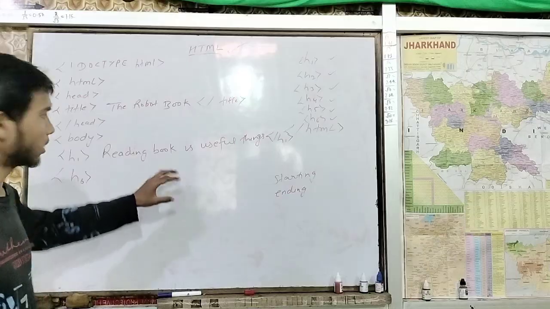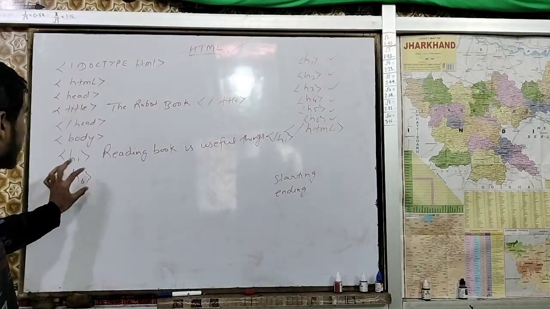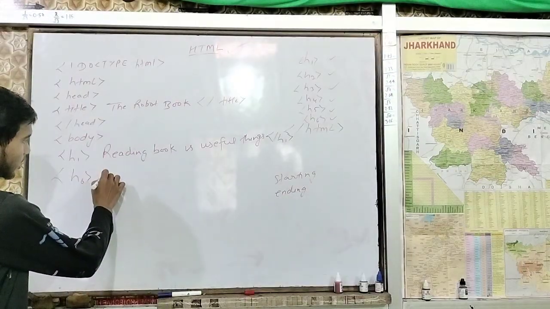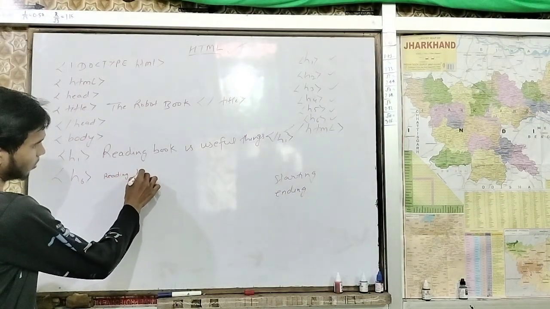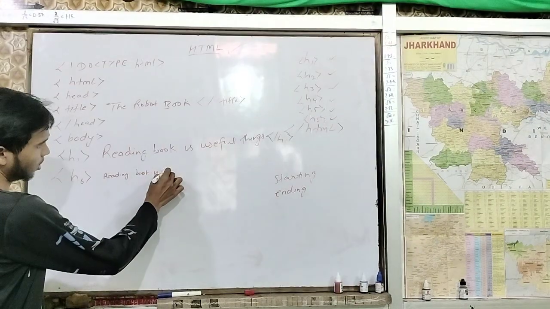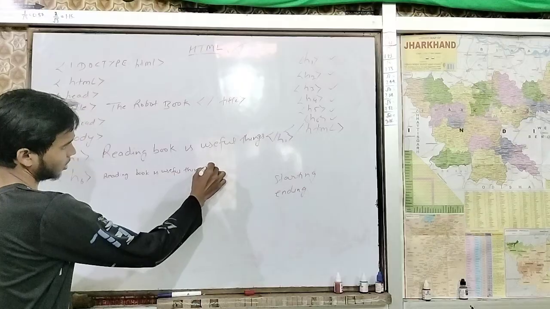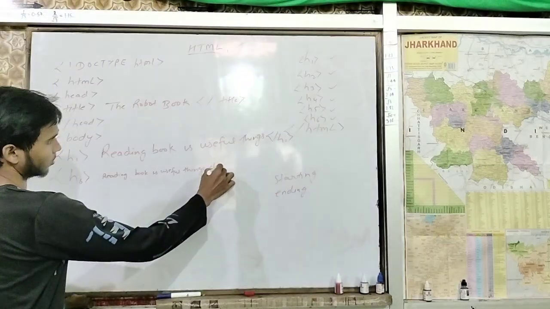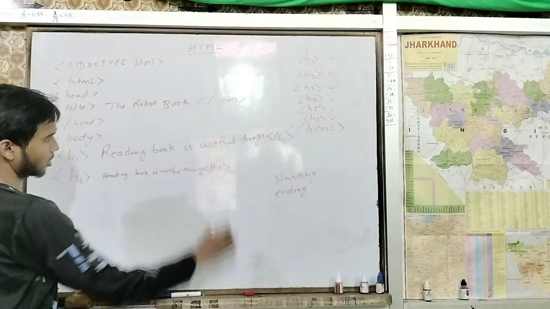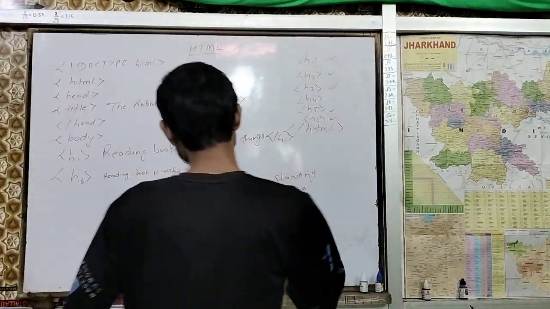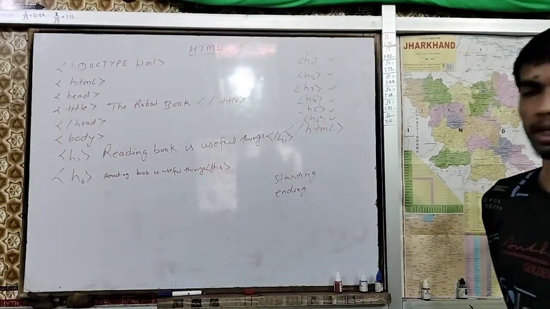Here the height of this will be small when you are using the tag H6. For example, reading book is useful things. Clear? This was the work of heading tags.